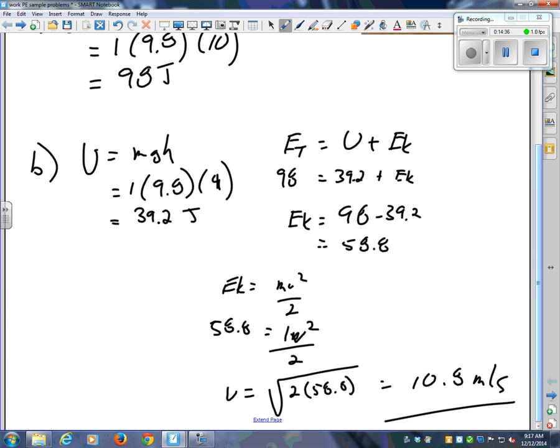Is that the long way? Probably, right? What could we have done? You don't need to write this. We could have just done this, right? Distance he fell was 6, right?